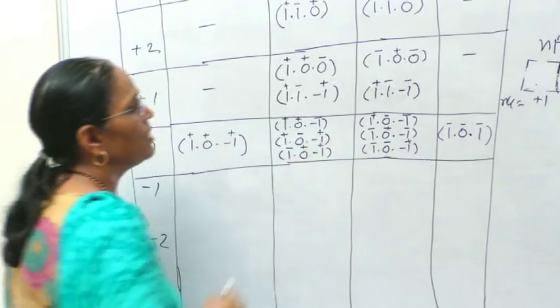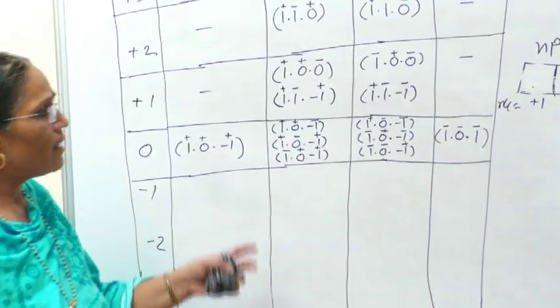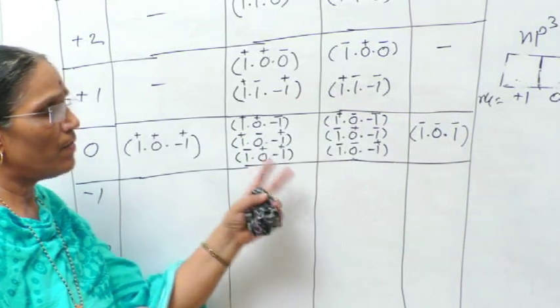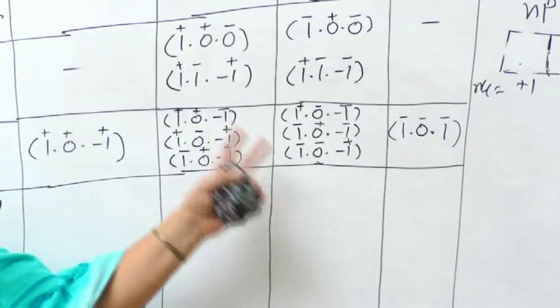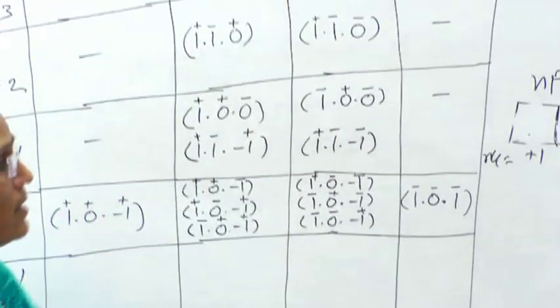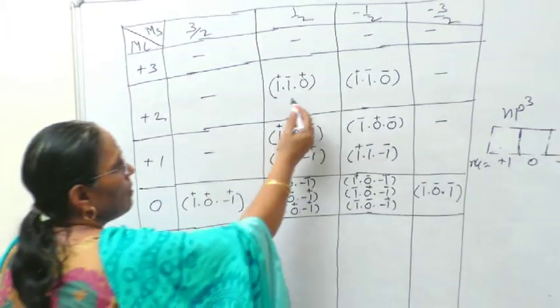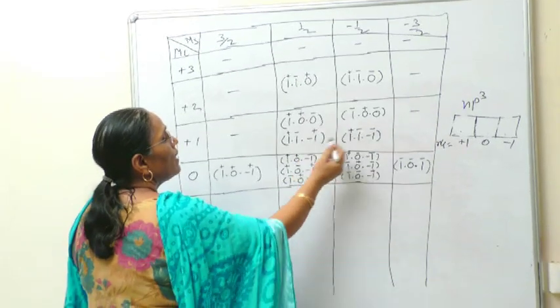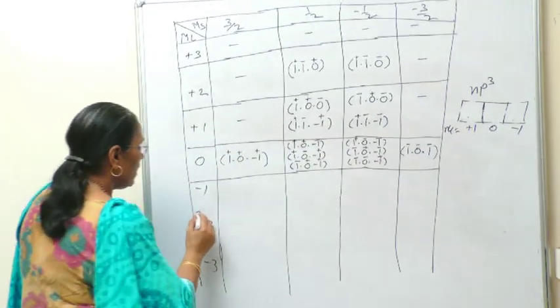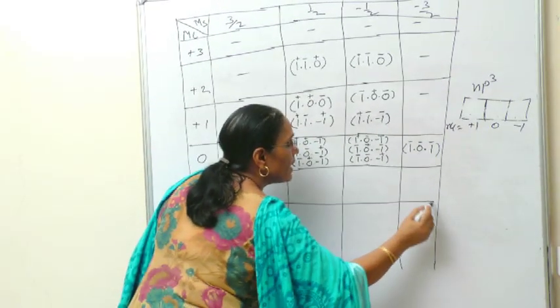So in any combination you can see that there are 2 electrons with minus 1/2 and 1 electron with plus 1/2, so the total spin comes to be minus 1/2. In this way, we get total microstates 1, 2, 3, 4, 5, 6. In the same way, we will get these 6 microstates.